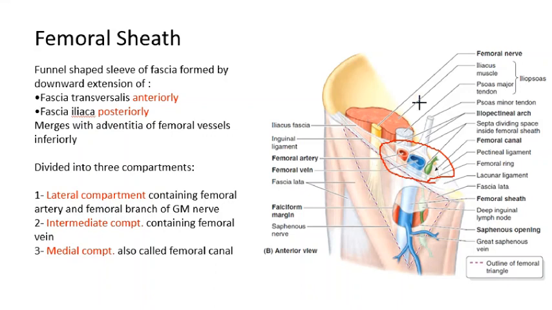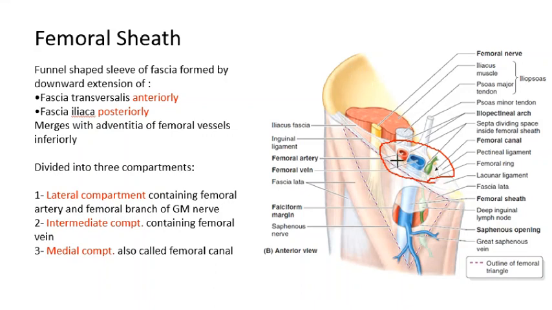So remember, we have that formation VAN, vein, artery, nerve, in intercostal spaces. So this is the vein, this is the artery, and this is the nerve which lies outside the femoral sheath. Same formation is in the femoral triangle. And the reason why this femoral nerve and this muscle are outside this compartment is that this space, this triangle, is basically a continuation of the iliopectineal space above.